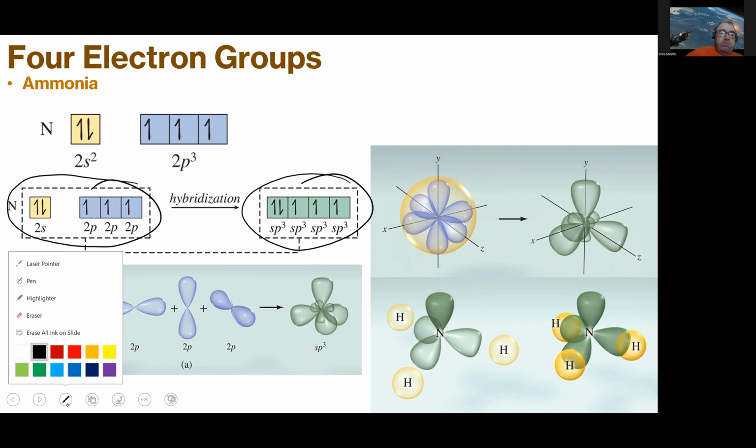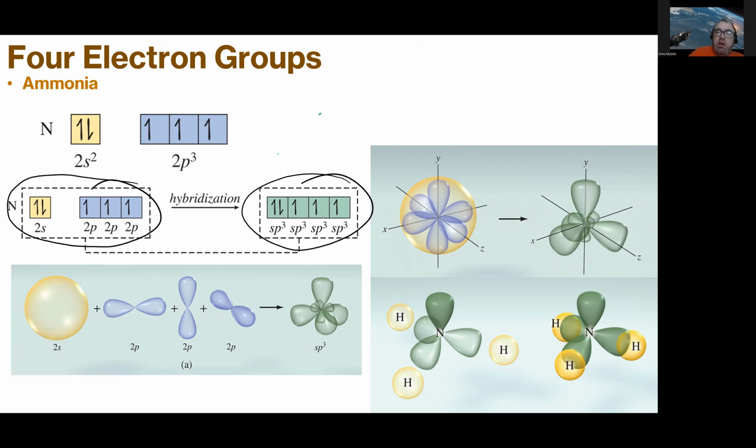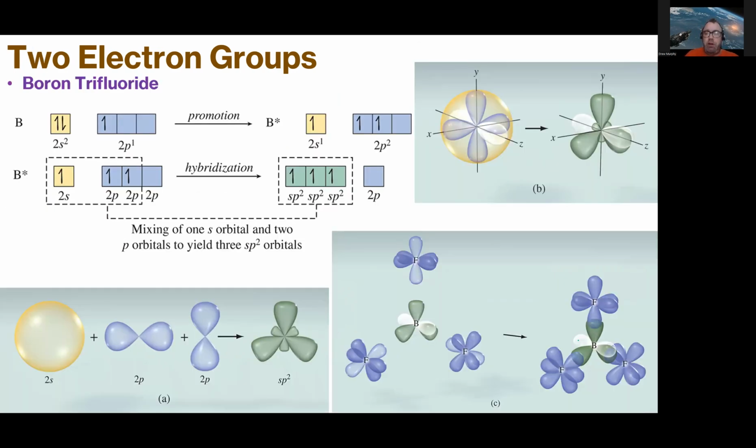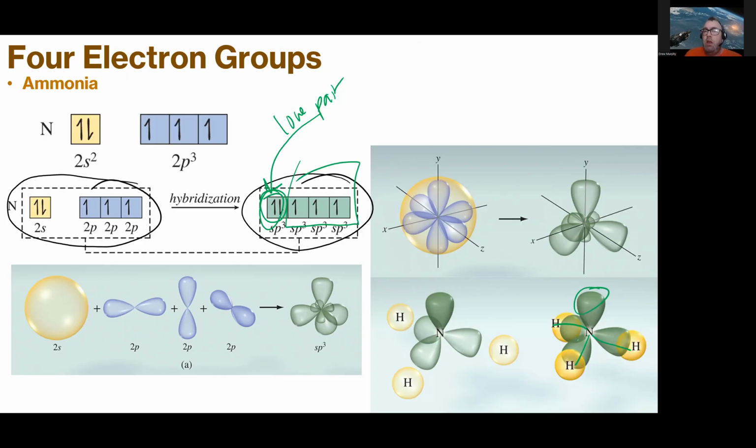Okay, so if we're looking at this from a valence bond perspective, we can say, oh, this guy's already full. So this is our lone pair. These ones are singly occupied. So those are free to overlap with hydrogens. And we have three NH bonds and we have a lone pair. Okay, you would get the same thing with water, which I don't think I have water here. No. Okay. So that's sp3. Remember, sp3 tetrahedral electronic geometry.